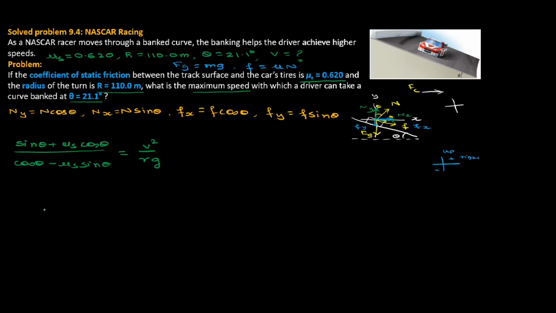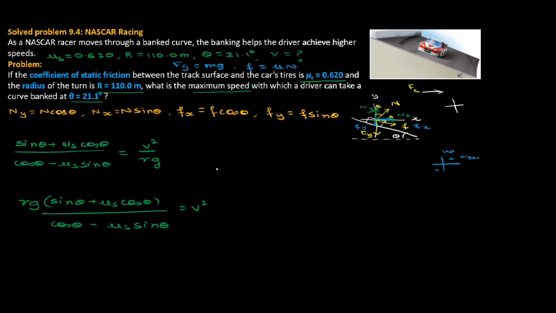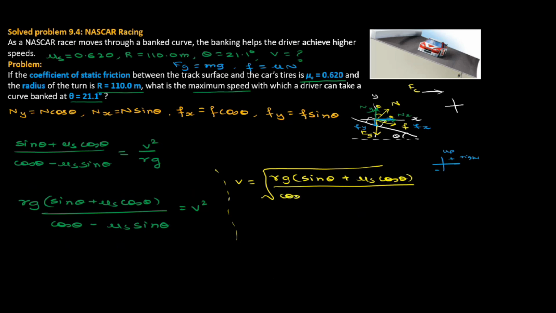So you get r times g times sine theta plus mu s cosine theta divided by cosine theta minus mu s sine theta equals v squared. And to find v, you need to take the square root on both sides. So we get v equals the square root of r times g times sine theta plus mu s cosine theta over cosine theta minus mu s sine theta.